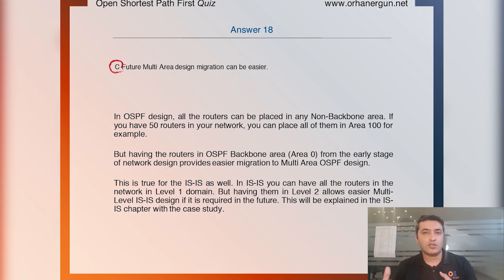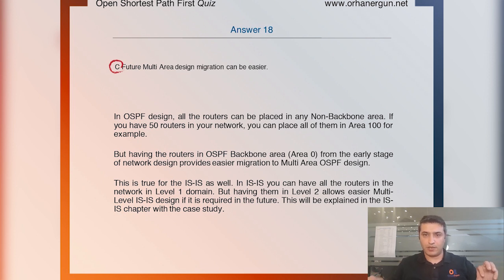Let's say in the future you want to enable multi-area OSPF design. If today, in the beginning, you enable backbone area 0 on each and every router, future migration to the multi-area OSPF design will be easier. Why? You don't need to touch the core routers, the backbone routers, but you can just touch the edge routers.